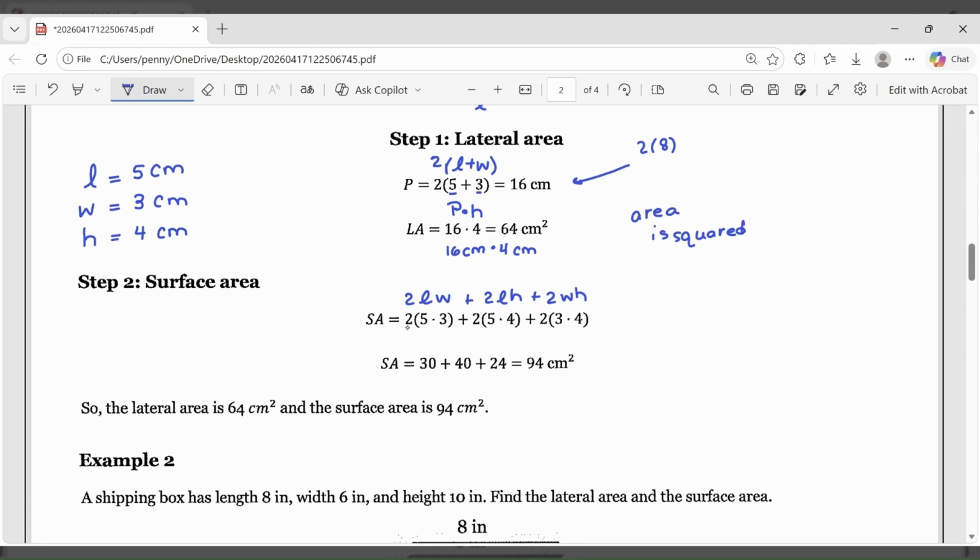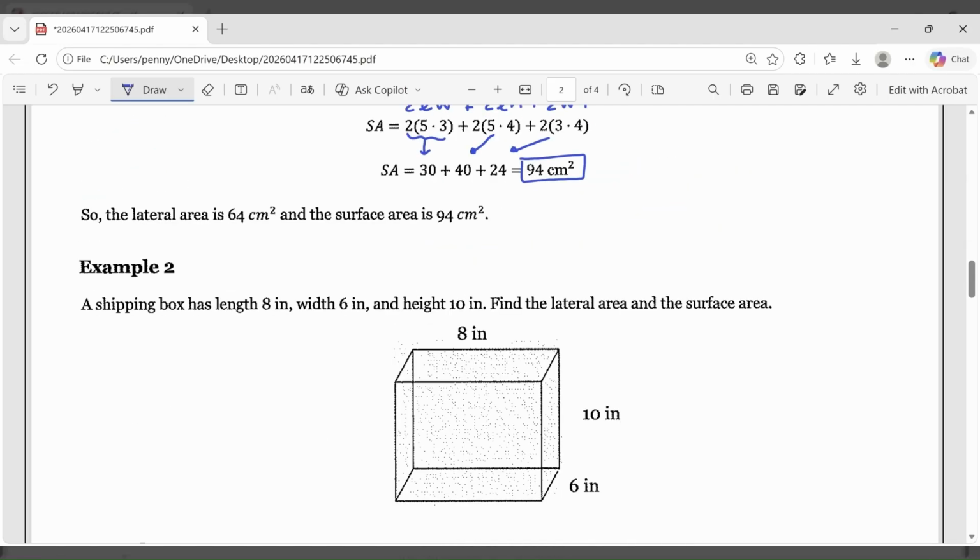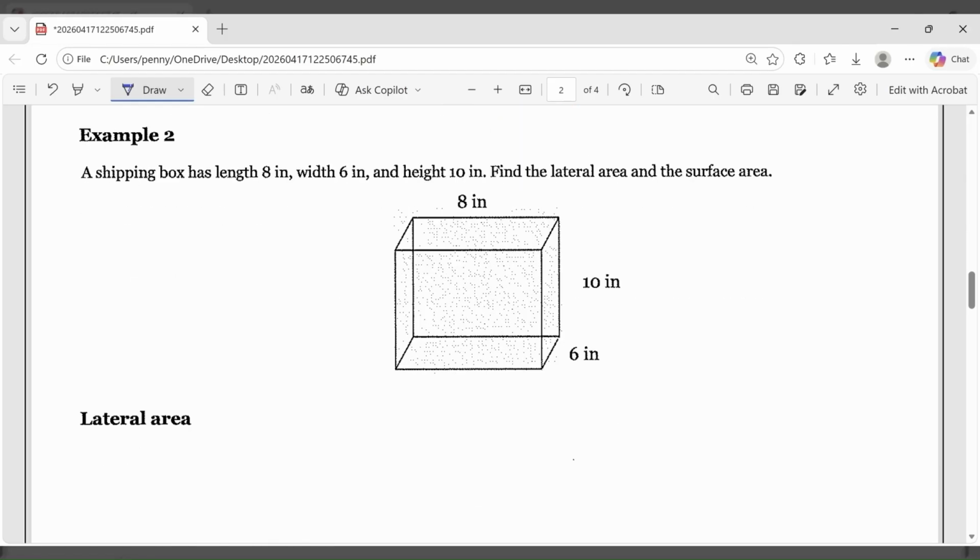All we've done here is combined our multiplication, where we have 2 times 5 is 10 times 3 is 30. 2 times 5 is 10 times 4, that gave us the 40. 2 times 3 is 6, times 4 is 24, and when we add all three together, we get 94 centimeters squared. So pretty straightforward when we want to find our information.